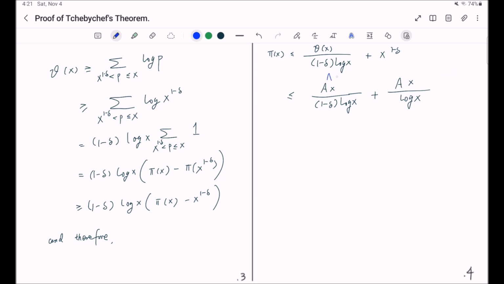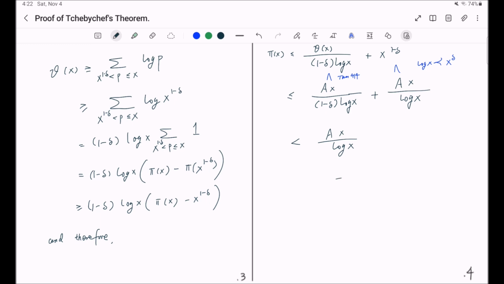So this part is by theorem 14, and this part is by the fact that log of x grows slower than any positive power of x. And these two terms together is just some constant multiple of x divided by log of x. And this establishes the upper bound for pi of x.